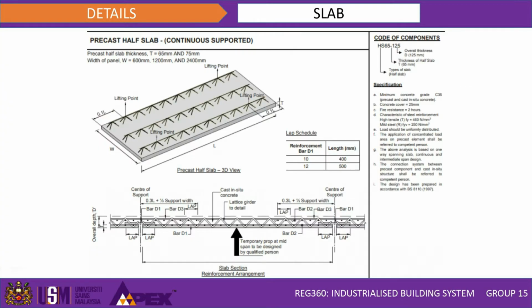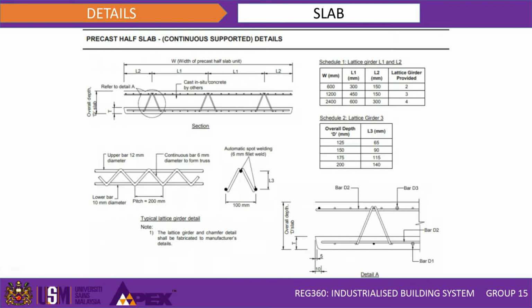We use precast half slab with continuous support and the specification given with the schedule. Next is the section in the slab, and there is the schedule for the lattice girder.